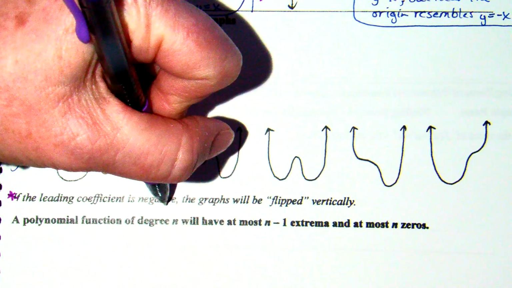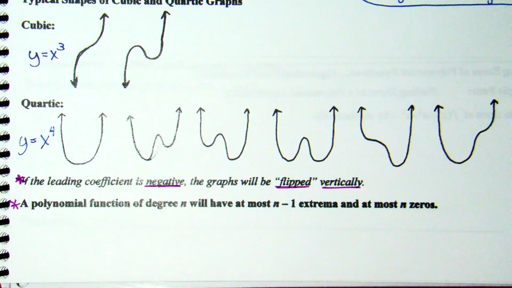So whatever your degree is, which is your highest power, it will have at most n minus 1 extrema, so 1 less than the degree, and at most n zeros.